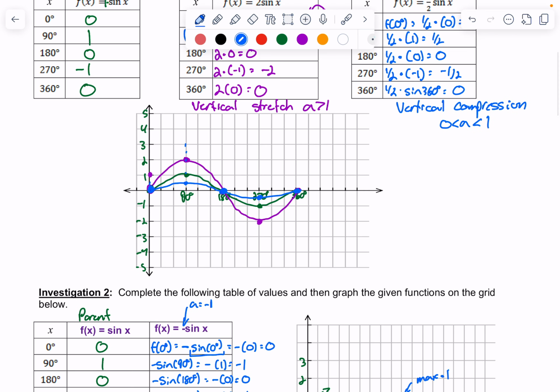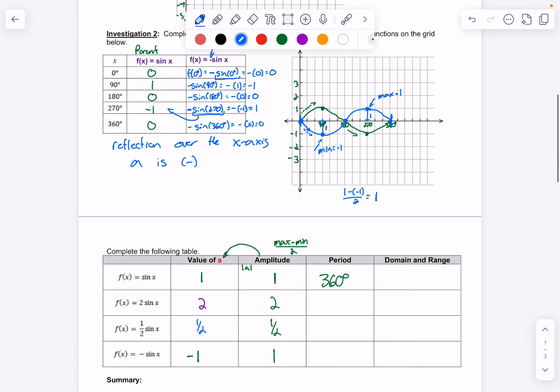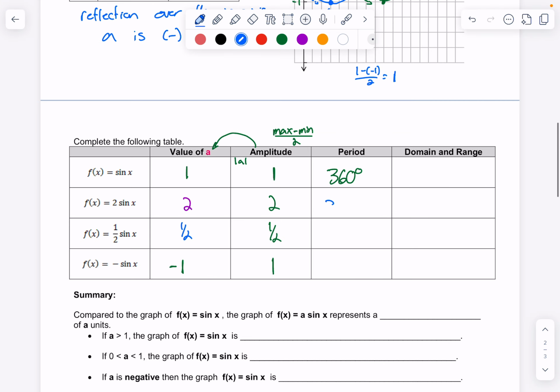Right up here, it's 0 degrees, and over here, still at 360. So it still takes you 360 degrees to complete one cycle. So your period is still 360 for every single one of these. This is 360, this is 360, and this, the reflection, is still 360.